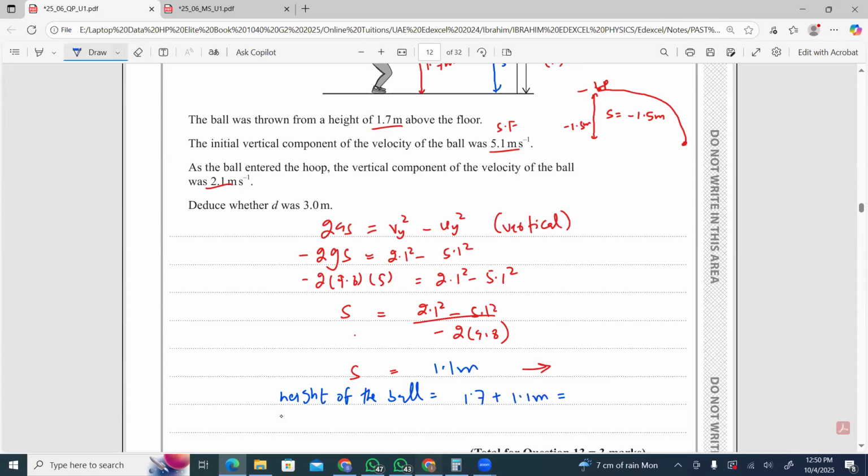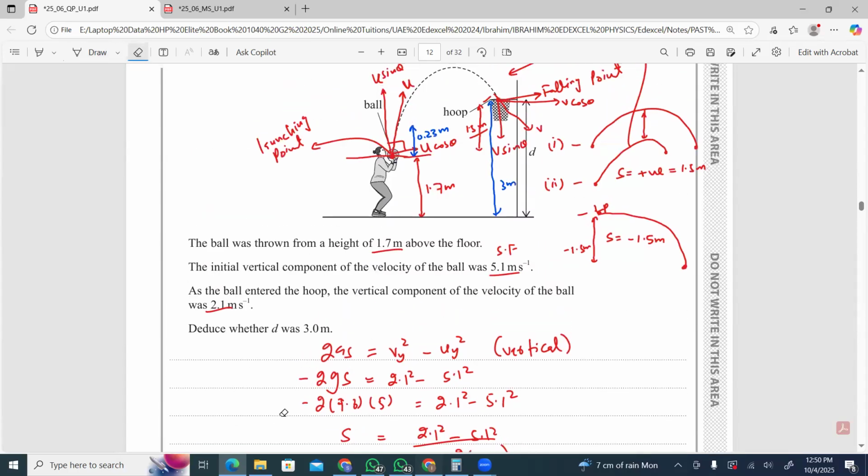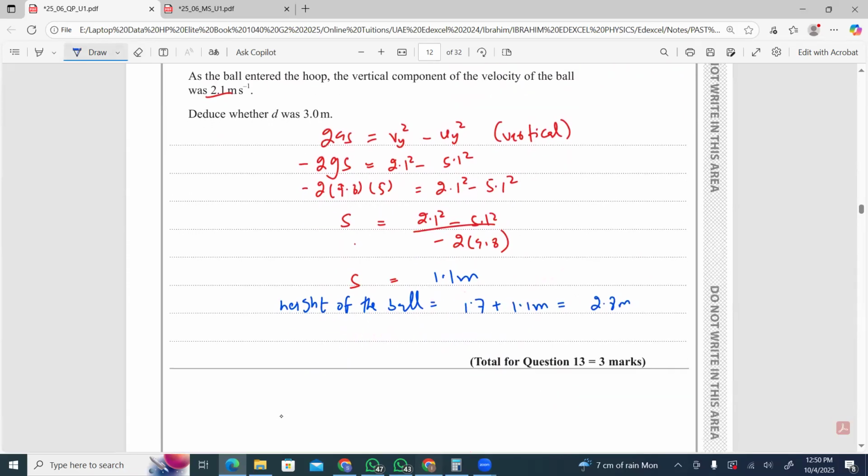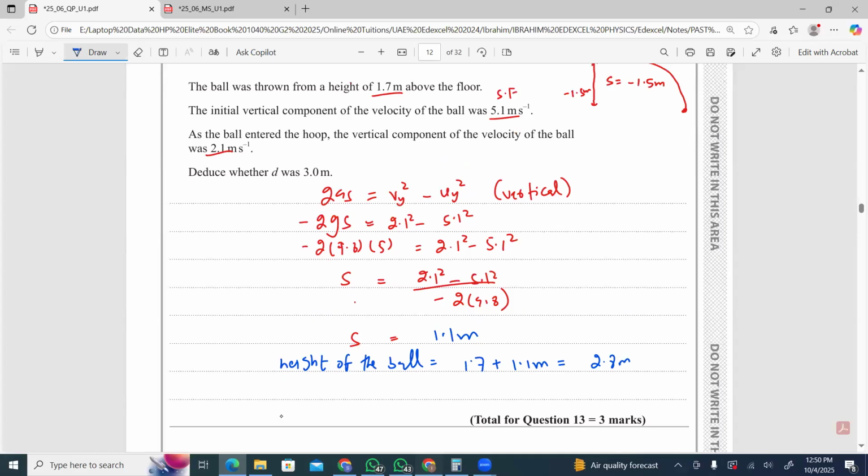So you just need to say that 2.8 meters. And here it is also 1.8 meters. Sorry, 1.1 meters. So you were actually deducing whether the height was 3 meters.